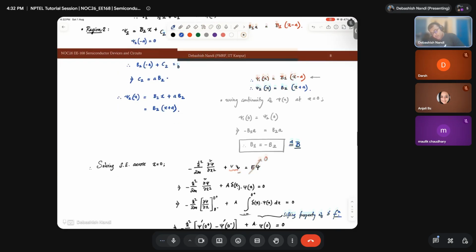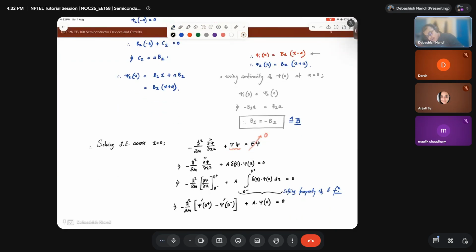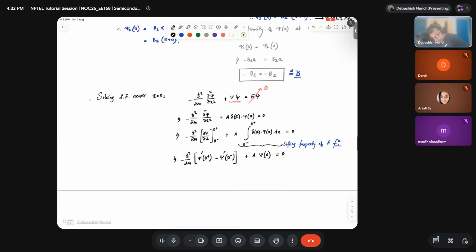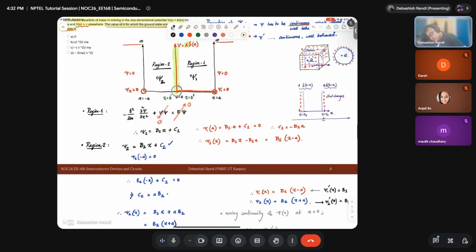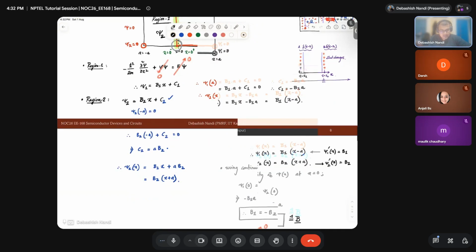So from our equation, what is psi 1 dash of x? That is b1. What is psi 2 dash of x? That is b2, right? For 0 plus, what should I use? For 0 plus, in this region, I have to use psi 1 dash of x.